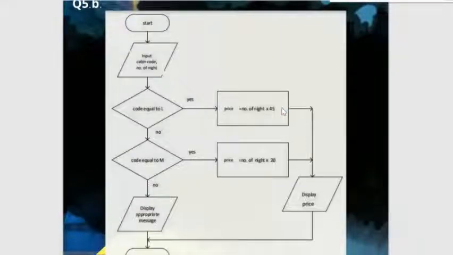Okay, kalau user tak nak L, maksudnya mungkin dia nak M. So that's why awak tengok ada no ni. Code equal to M, kalau tak nak tulis equal to pun tak apa, awak boleh ganti dengan simbol equal to. Code equal to M, kalau yes, price equal to number of night times 20.